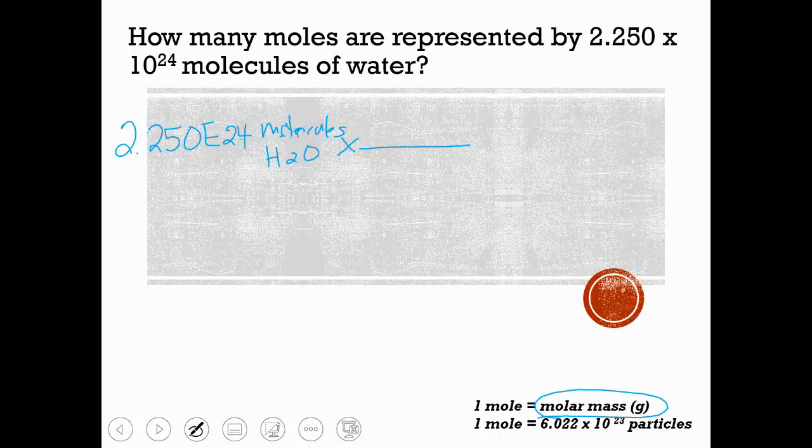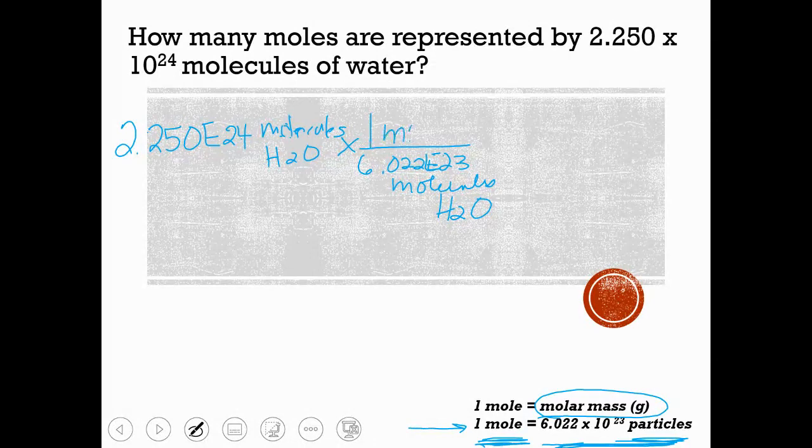Okay. I can set up a factor. I can convert from molecules to moles using this bottom number. 6.022 times 10 to the 23rd, and that is molecules of water. That Avogadro's number of molecules is equal to 1 mole.